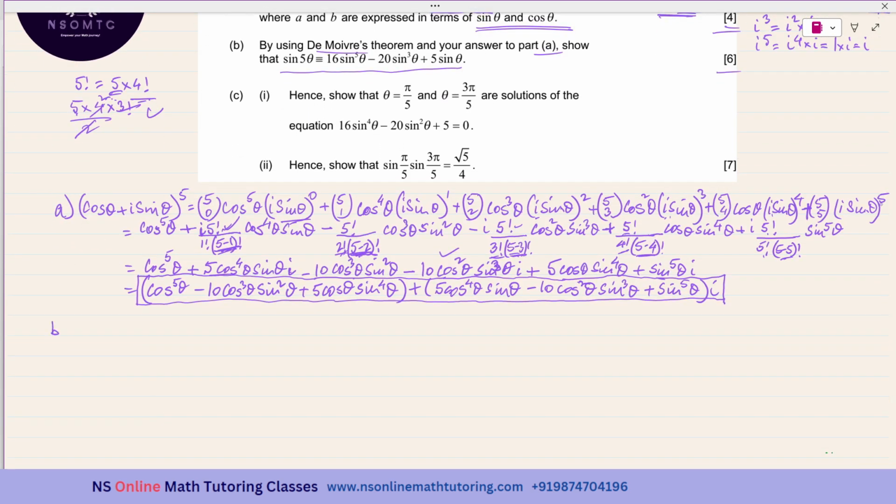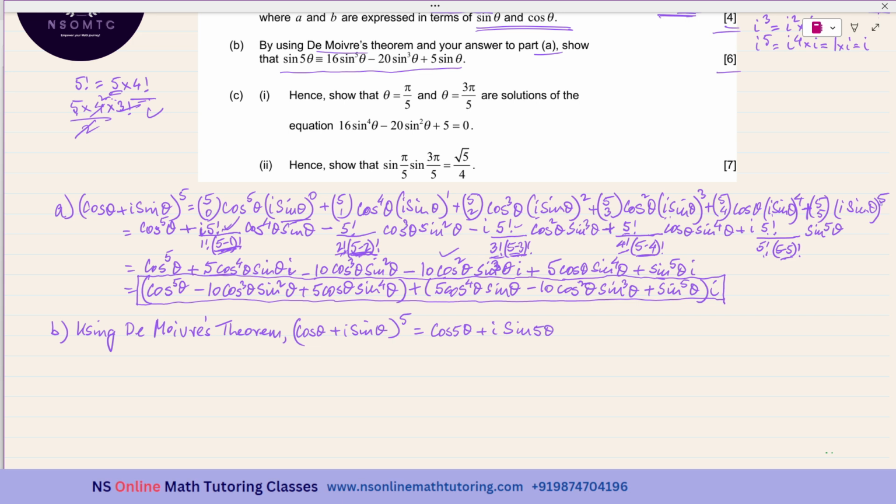So, using de Moivre's theorem, cos theta plus i sine theta to the power of 5 is equal to cos 5 theta plus i sine 5 theta.